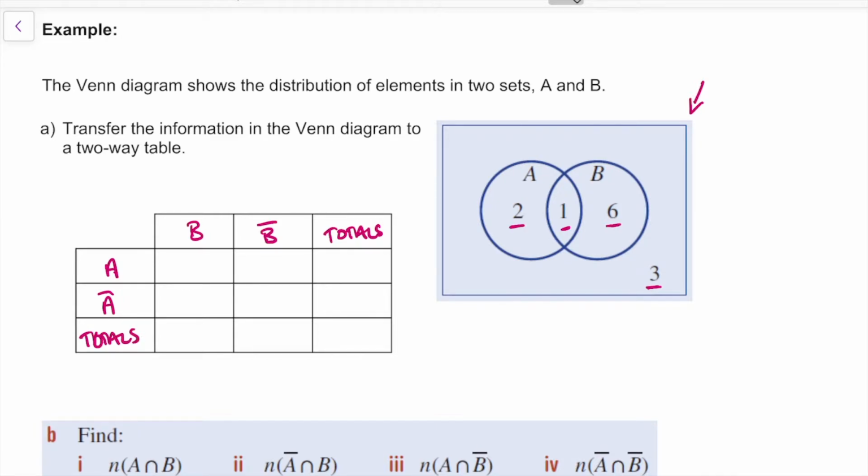Okay, so in our intersection, there's our intersection. That's 1. Alright, so A but not B, so our A only, that's going to be in the next one along, and that's 2.